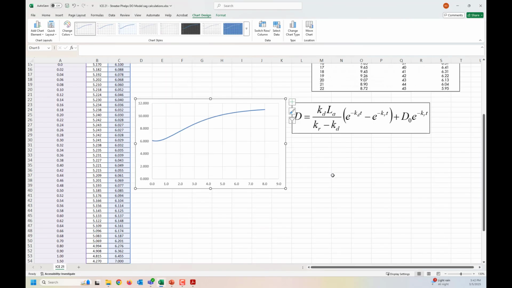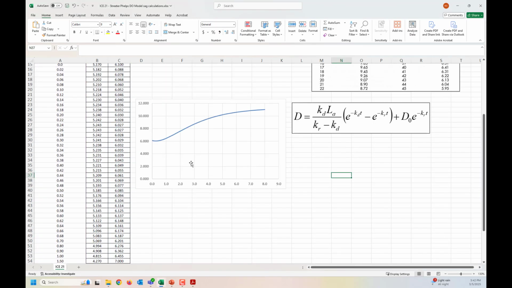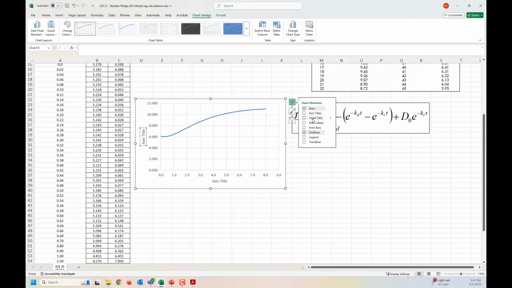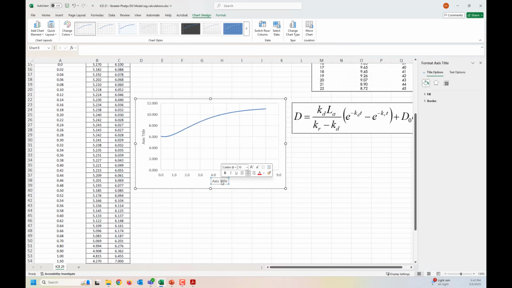So there was a deficit to begin with, and let me put in some axis titles. Here we'll have time in days. And then on the vertical axis, this is DO concentration in milligrams per liter.